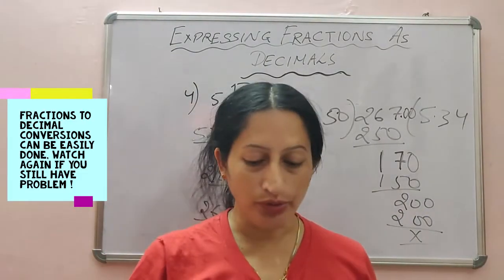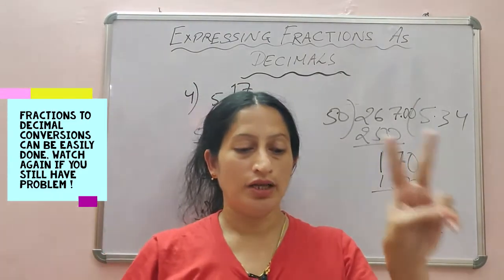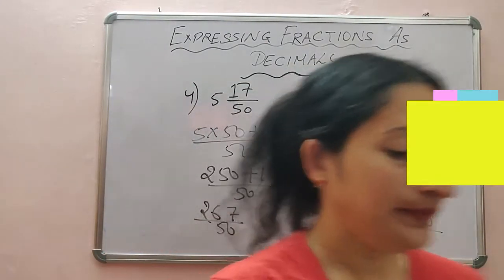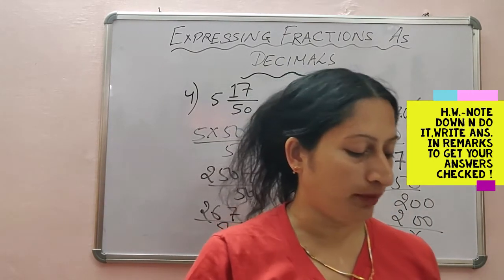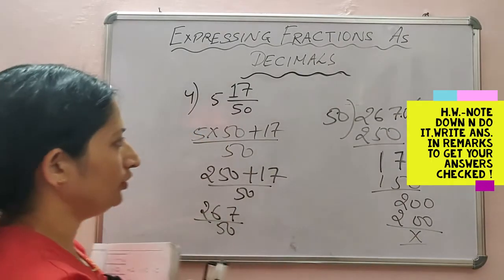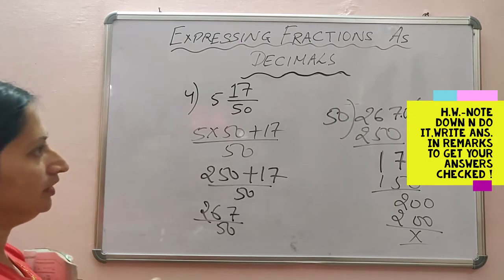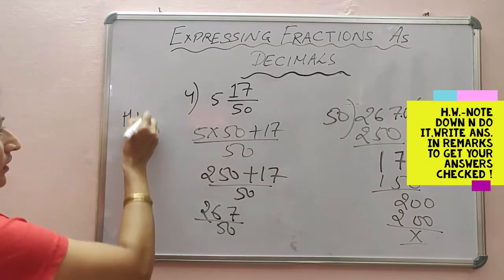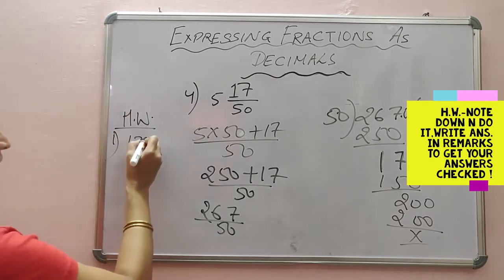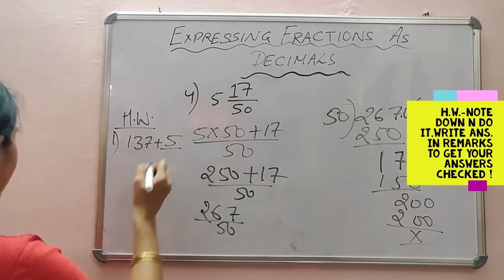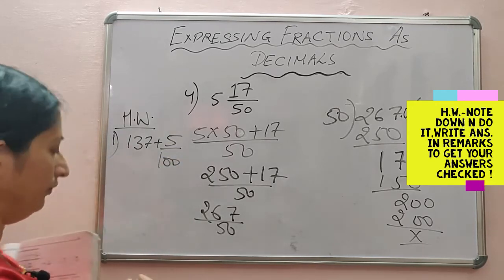Now it's time for the homework as promised by me. I will give you again only 2 problems. Let me take the problems from some book. I am having one book here. So the first question of homework, you will do 137 plus 5 by 100. That is your first question of homework.